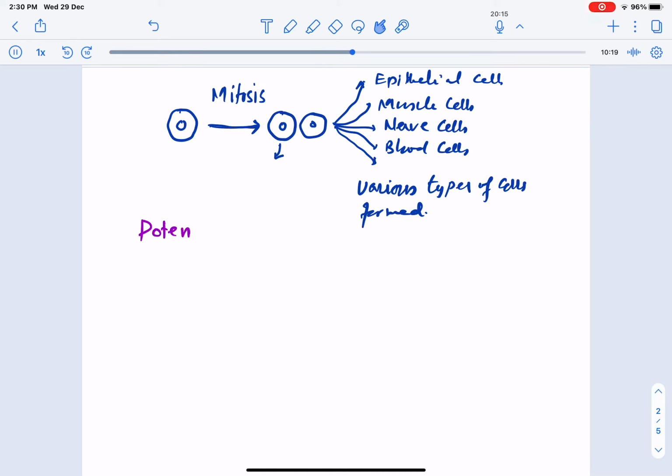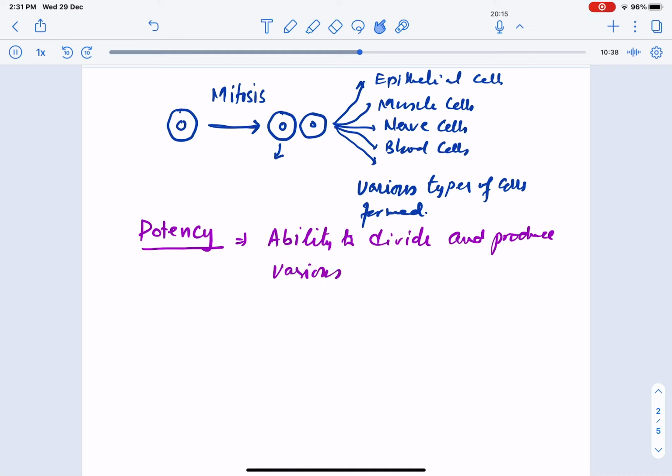Potency: the ability to divide and produce various types of cells is known as potency.